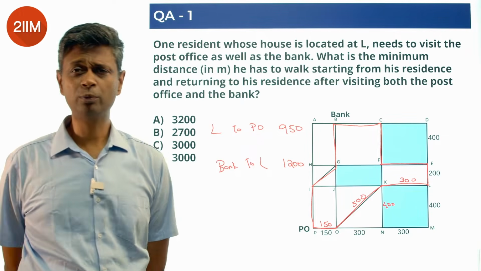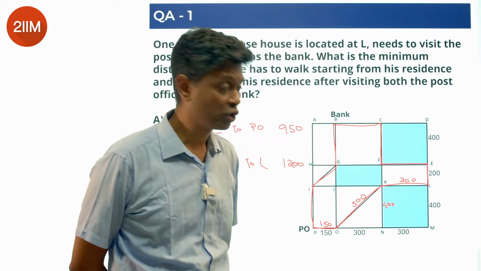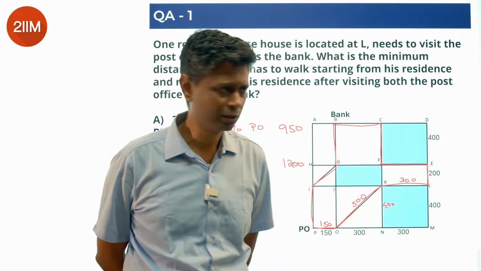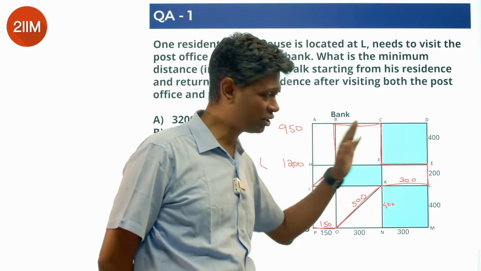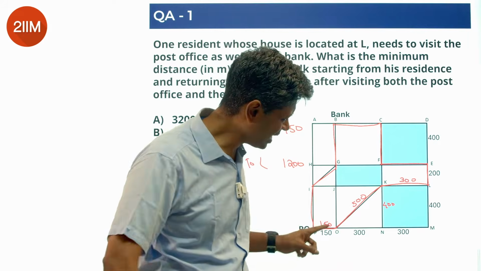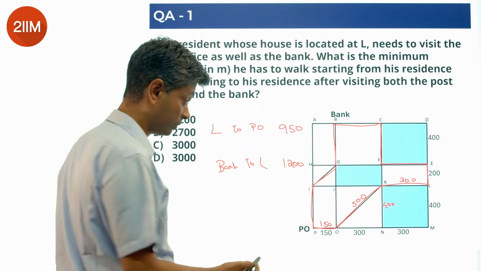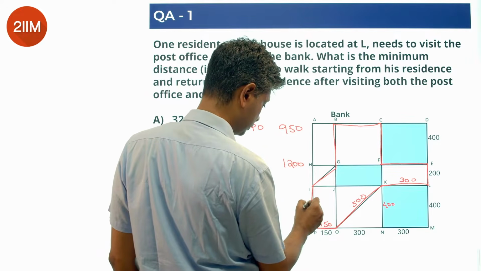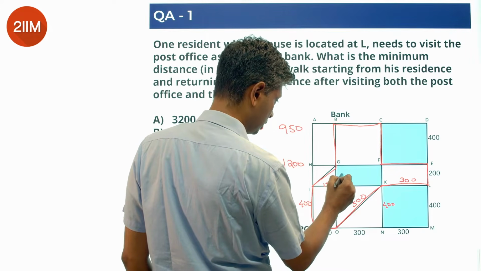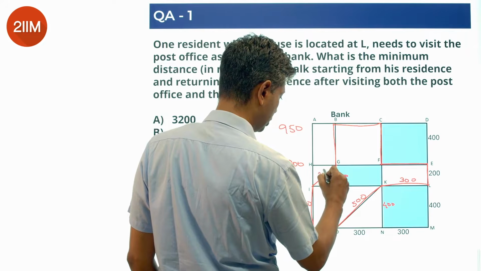The shortest distance from L to post office seems to be this. The shortest distance from L to bank seems to be that. In fact, bank I'm very confident because of only non-diagonal lines. And this diagonal is useful. Yes, both I'm confident. The third leg is post office to bank. This is 400. This is 150. This is 200. This has to be 250. Why?